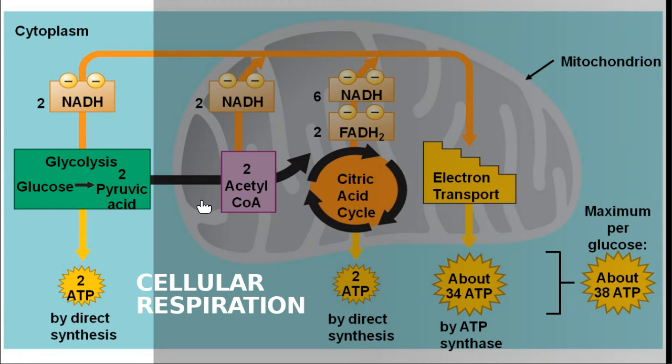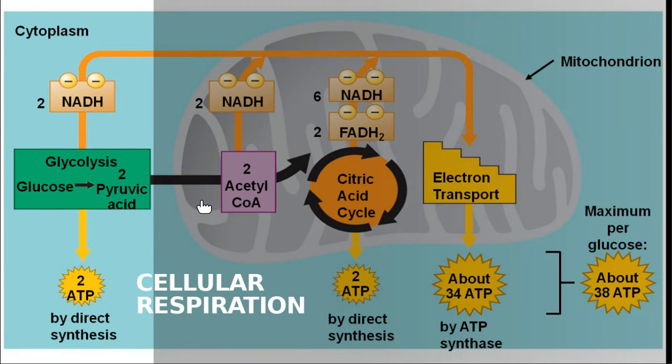What else do we get? Do we get any ATP? No. Good. So we don't get any ATP. Do we get any electron carriers, like NADH, for example? Yes, we do. We get 2 of them. Very good.